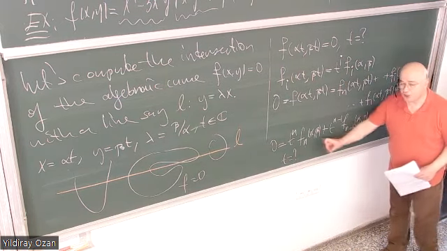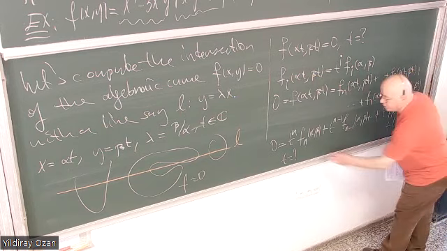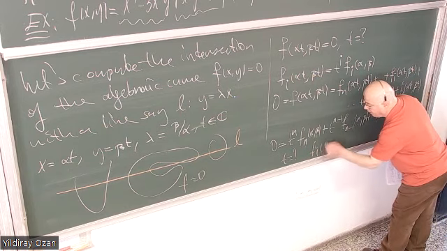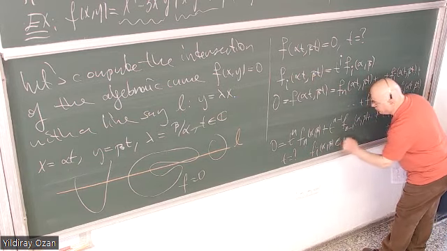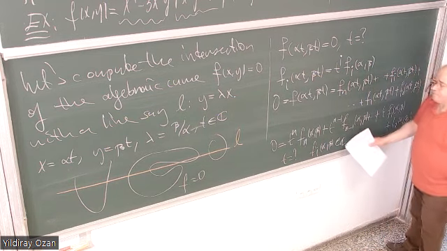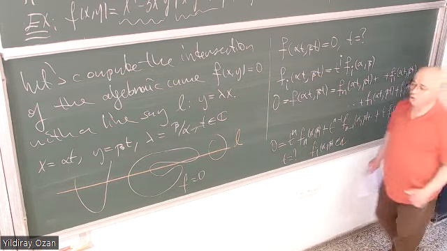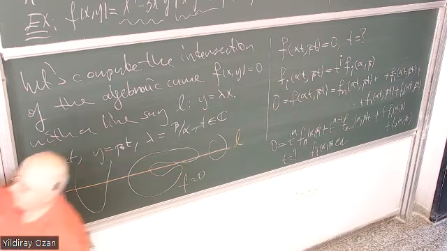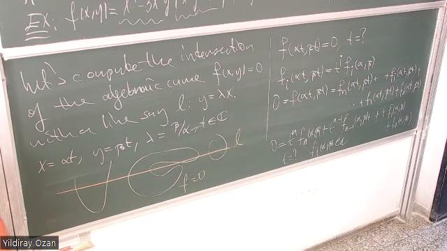These are just complex numbers; here, fi of alpha beta is just a fixed complex number. So this is a polynomial equation in t, and we know from complex calculus that any complex polynomial of degree n has exactly n solutions.